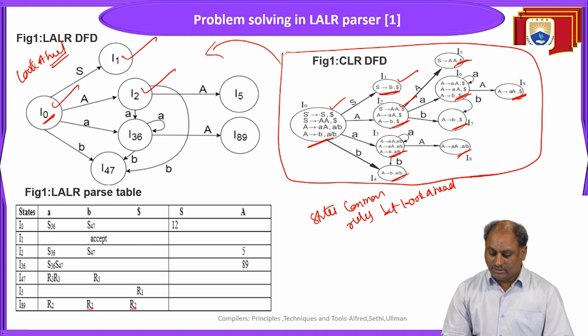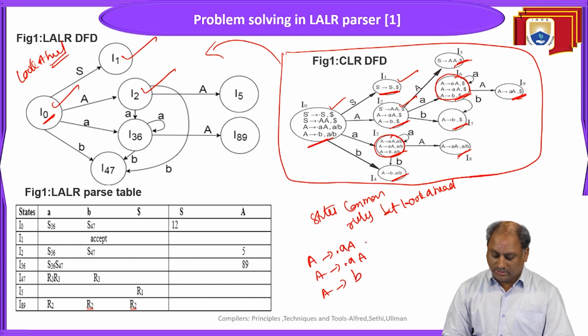I3 and I6, if you observe, I3 contains rules and I6 also contains the same rules, but the look-aheads are different. That means I3 contains A derives small a dot capital A, and A derives dot B. In this case the look-ahead is A/B, here also A/B, here also A/B. This is I3.